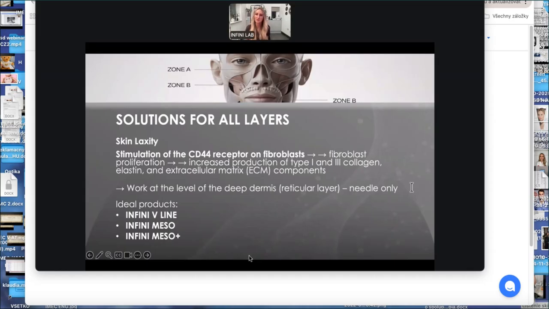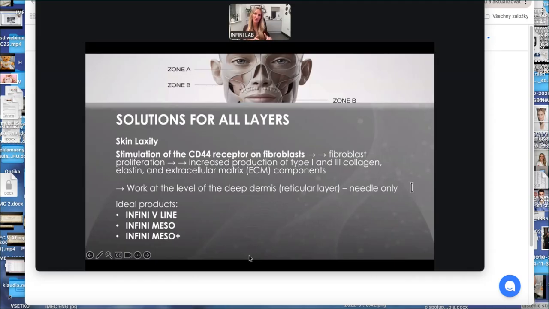And now we know this is not true, because ultrasound and even the cadavers, which we actually have a lot of science on now, clearly say the dermis is around 1.6 to 1.8 millimeter depth.